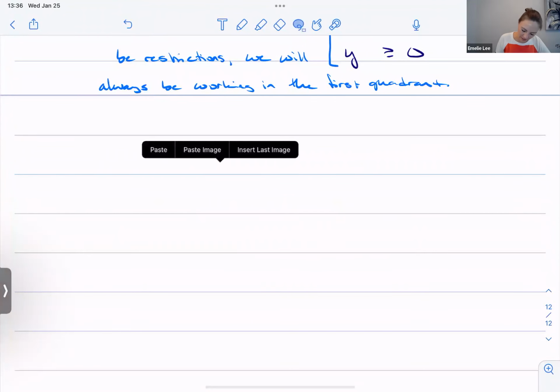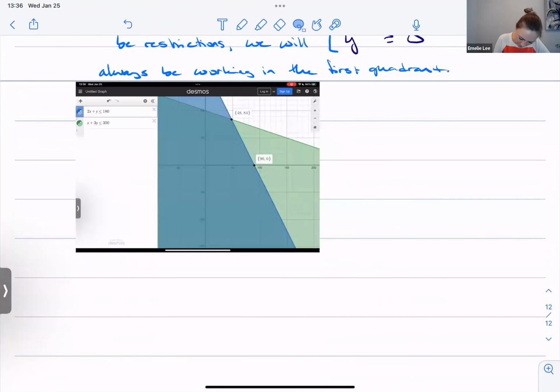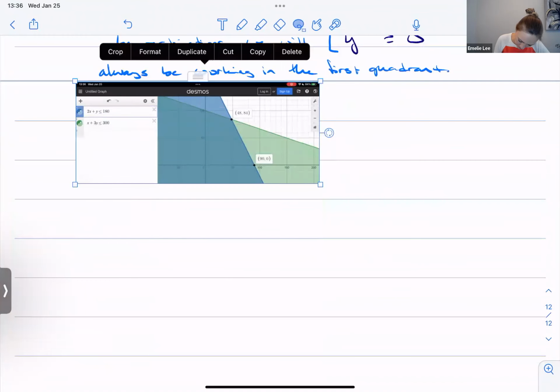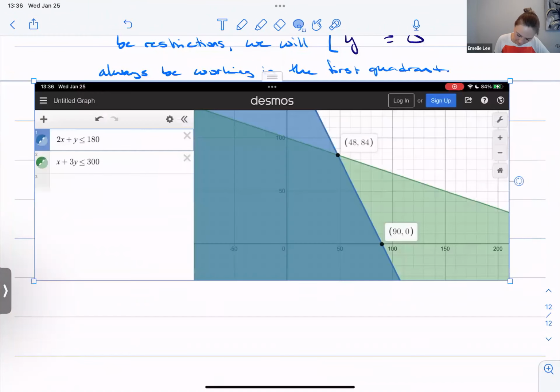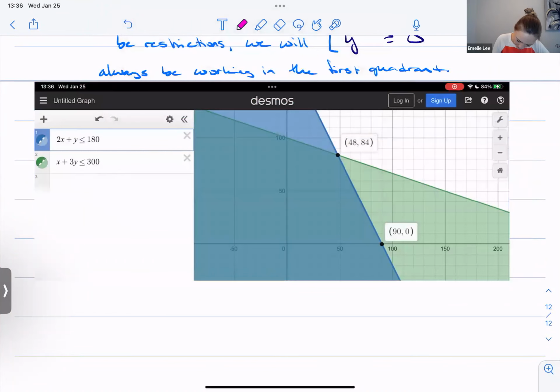Okay, so then here, finally, I'm going to just crop this up a little bit. So remember that we're only interested in this area, right?